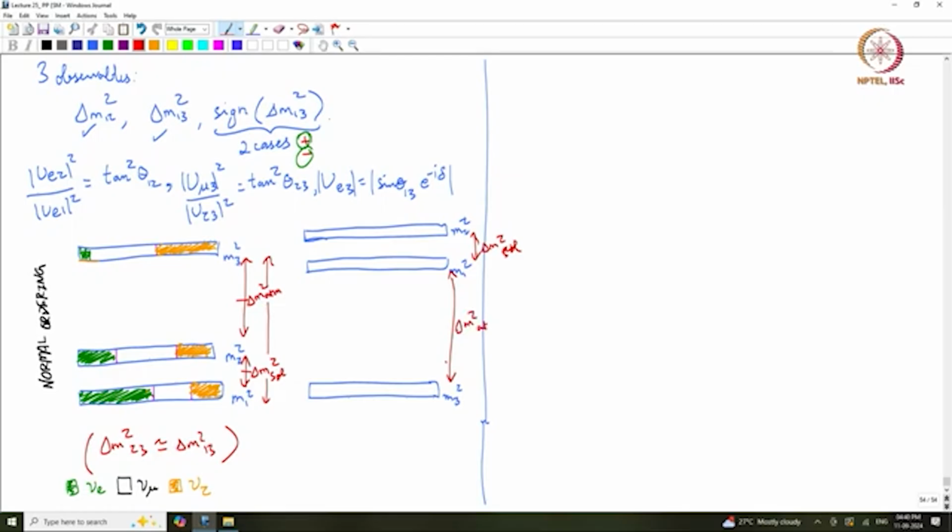corresponds to atmospheric neutrinos. Now, once again, to complete the picture, I am going to draw m3 squared contains very little electron neutrino content, and there is an almost equal admixture of tau-on and mu-on neutrino content, right.